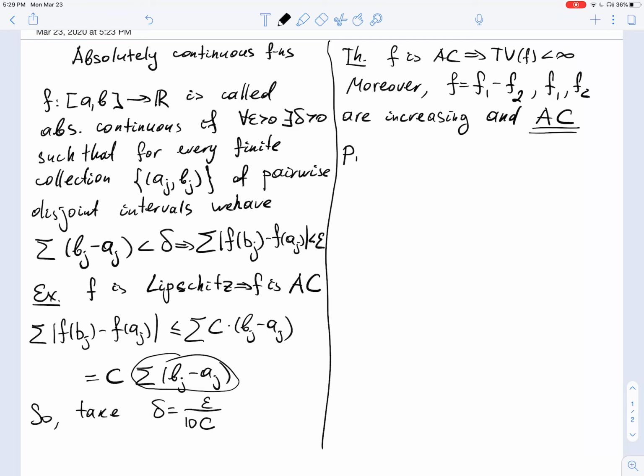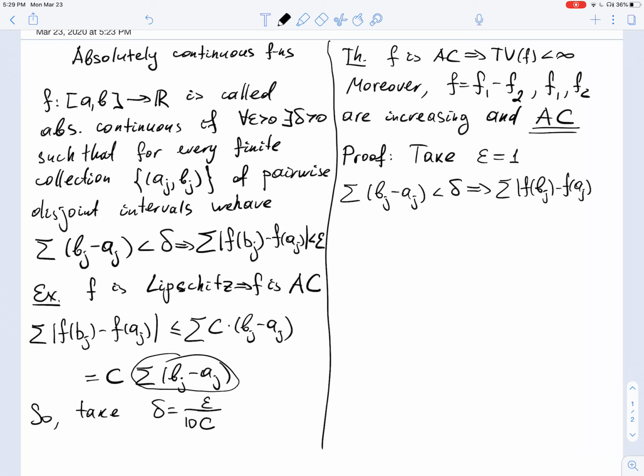Okay, so proof. So for total variation first, it's actually easy. So we'll just take epsilon equal to 1 and find the corresponding delta. What do we know? We know that if sum of bj minus aj is less than delta, then sum of f of bj minus f of aj is less than 1.